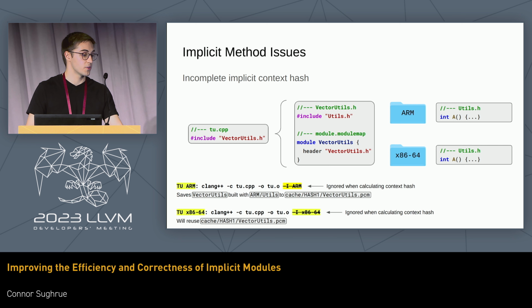So instead of rebuilding vector utils with x86 utils, the compiler will just reuse the already cached module. It imports that into tu.cpp and finishes building tu.cpp. So when the user would expect the command line to produce tu.o with x86 optimized functions, in reality, it still has ARM functions.